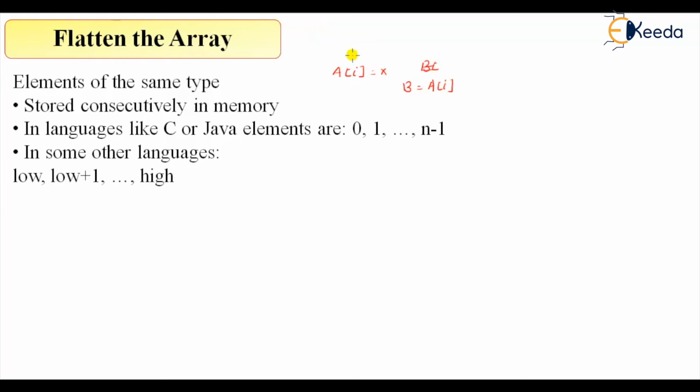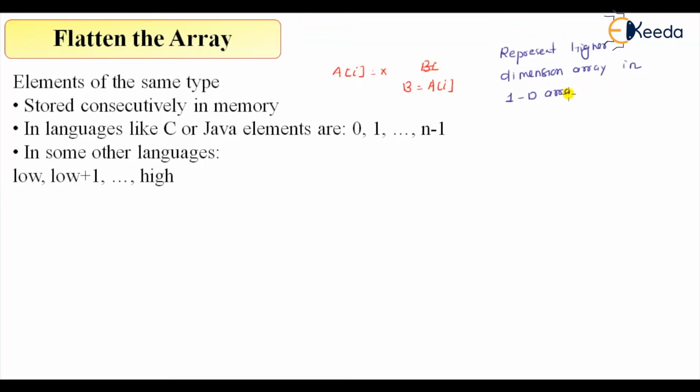Flattening the array is nothing but representing, by definition, a higher dimension array in one dimension, a 1D array.